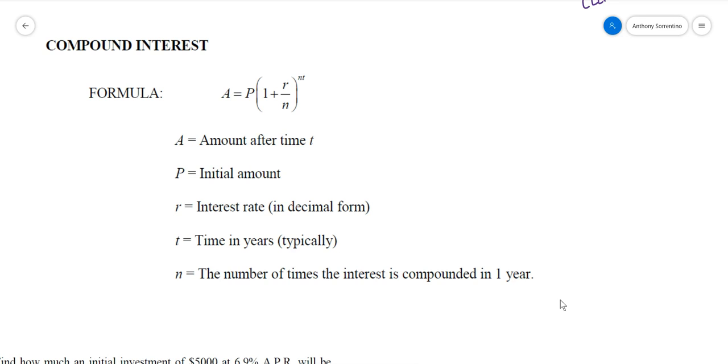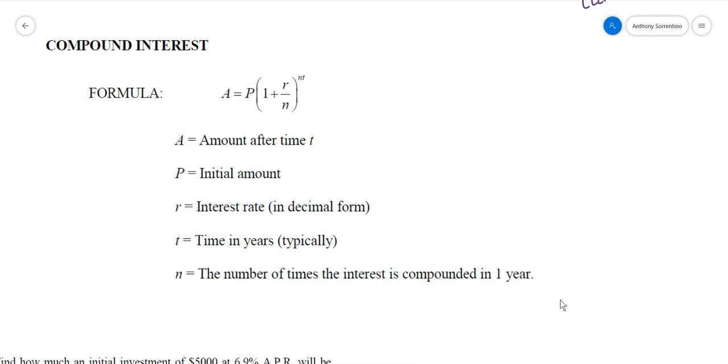We'll kind of shy away from it for a little while to talk more about logarithmic functions and solving logarithmic equations and things of that nature. And then we'll get back into talking about exponential growth and compound interest, which is a type of exponential growth. We'll also talk about exponential decay as well. But as far as exponential things go, we have this formula to follow as far as figuring out compound interest.